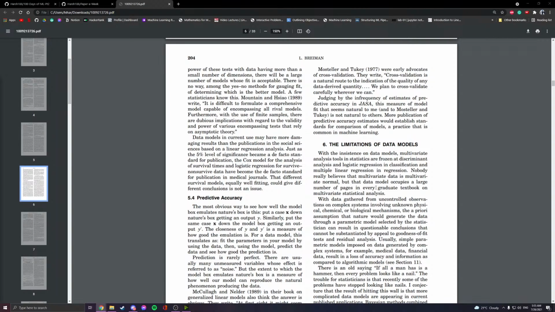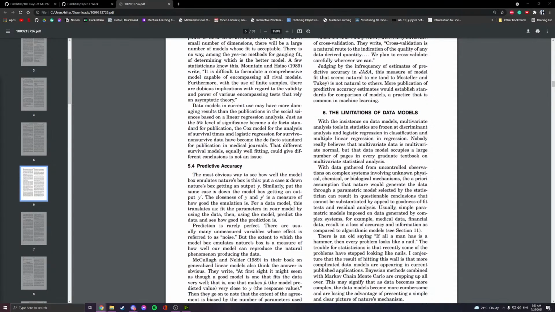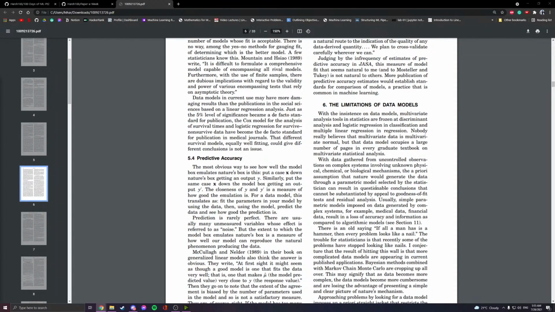So now these old data models like regression, logistic regression and all those linear regression type models can't really fit these multivariate, highly complex data sets.